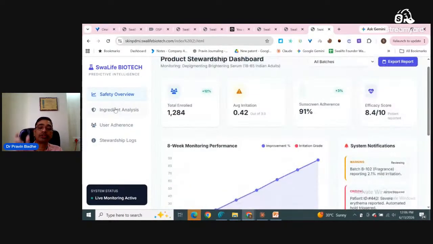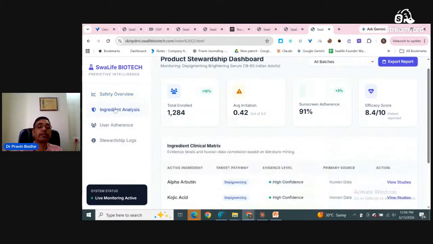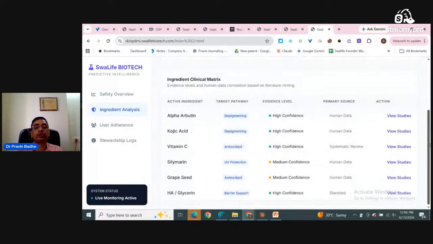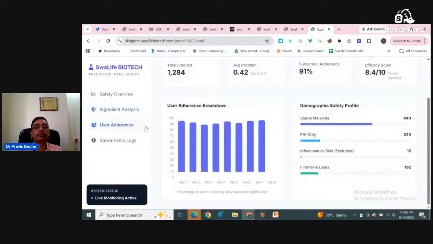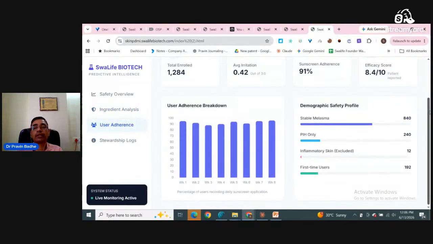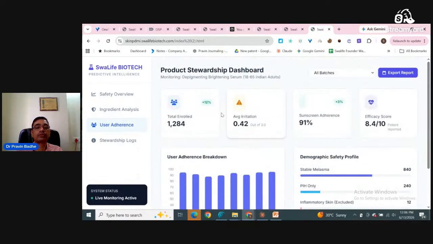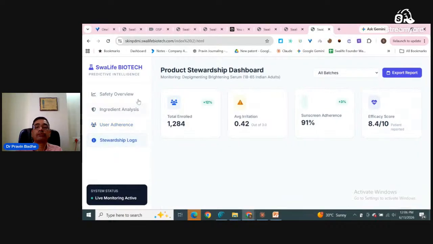We didn't put just the serum, we put all the ingredients which are there in the serum, and based on that we have got the information. Then it has also given us the user adherence breakdown, with information about any issues with irritation, sunscreen adherence, and the efficacy score.